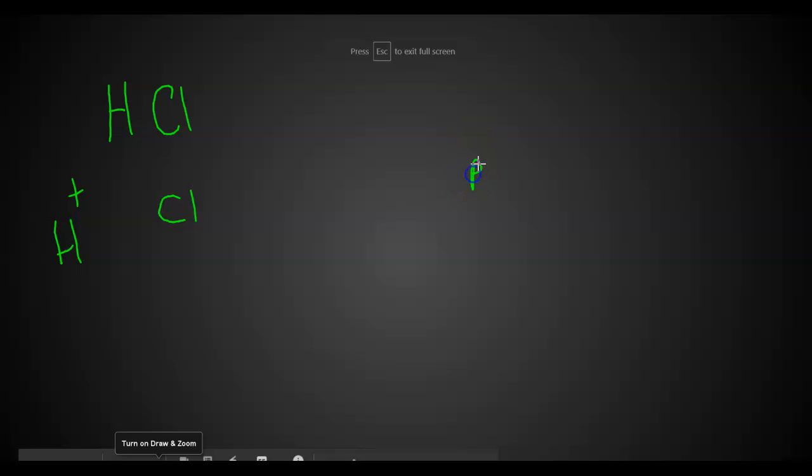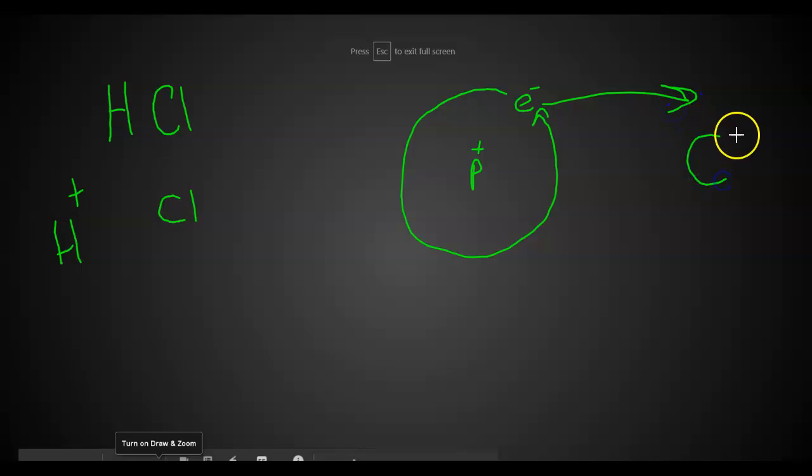So in the nucleus, you have one proton, and one electron. One's positive, and that electron is traveling around the outside. The chlorine takes the electron, and that poor proton is just floating around, and that makes something an acid.